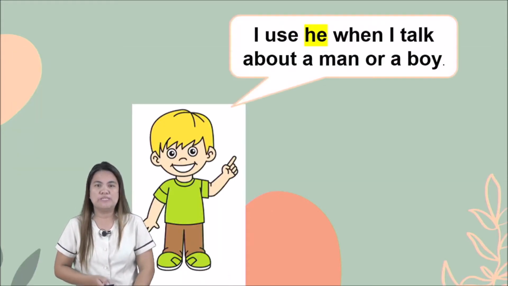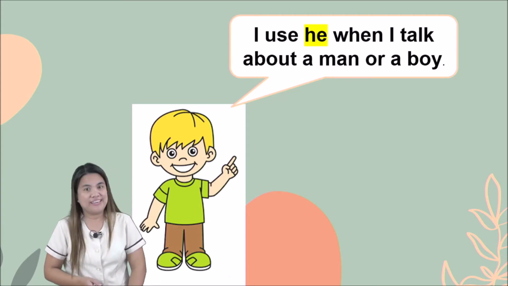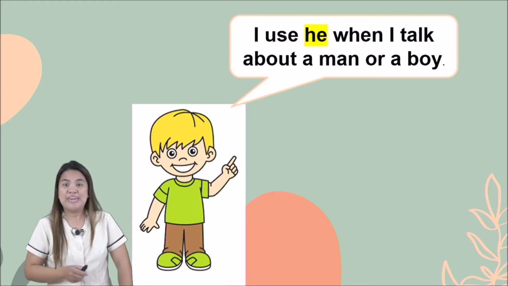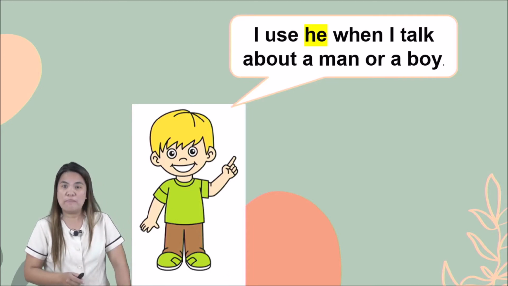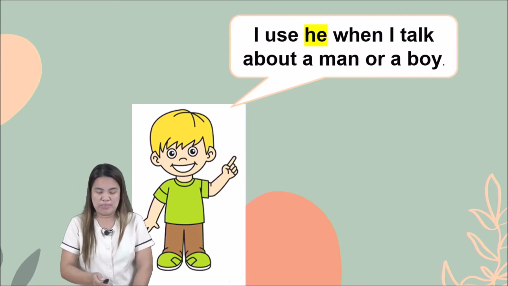Look at the boy, he says, I use he when I talk about a man or a boy. Again, I use he when I talk about a man or a boy. Only man or boy. Okay? When you use the word he, H-E. Okay? Very good. Remember that.